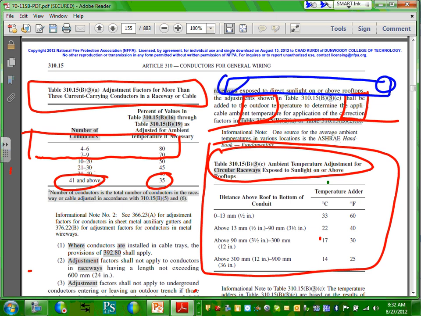Let's just say my concrete block was 4 inches, so I raised it up 4 inches on a commercial roof. Then the ambient temperature, let's use Fahrenheit, was 100 degrees Fahrenheit.